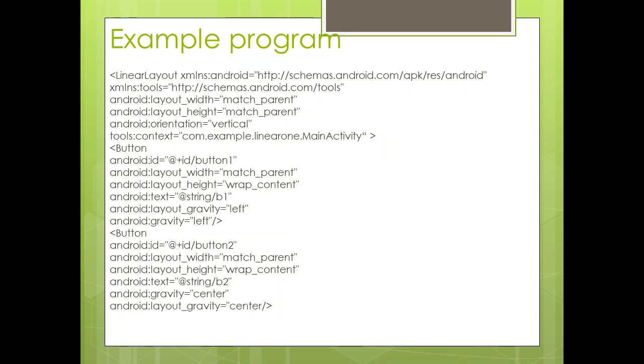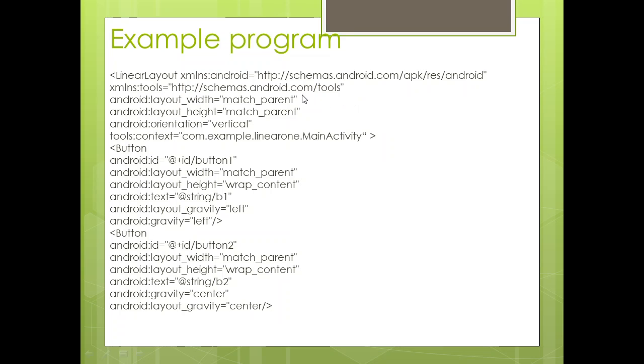Let us consider an example program. Linear layout. I am giving the XML code over here. xmlns:android is equal to http://schemas.android.com/apk/res/android. Here we are using the tools namespace, xmlns:tools is equal to http://schemas.android.com/tools.